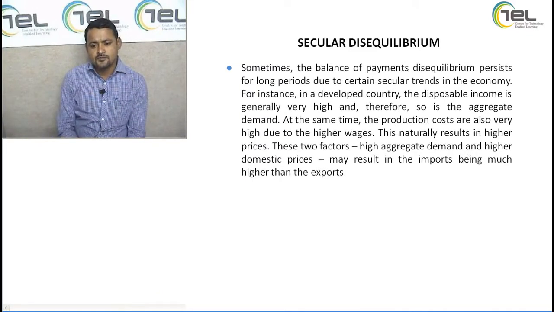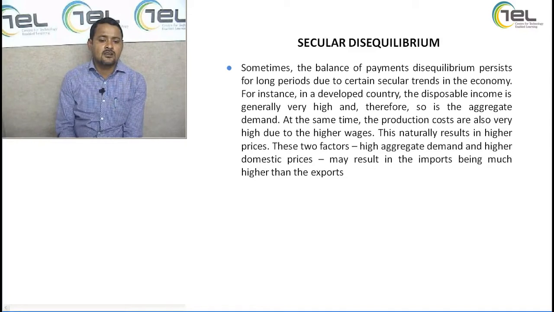The third is secular disequilibrium. Sometimes the balance of payment disequilibrium persists for long periods because of secular trends in the economy. For instance, in a developed economy, the disposable income is generally very high, so aggregate demand lies at a higher position.